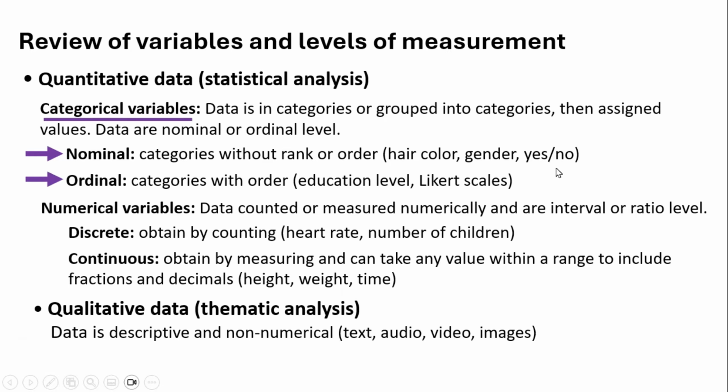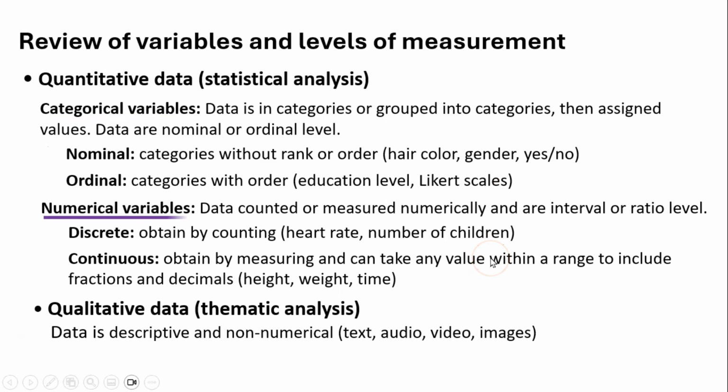The other categorical variable is the ordinal type. And in this case, the categories have order. So it's categories with order, such as education level or any data that's obtained through a Likert scale format response, such as commonly used in surveys.